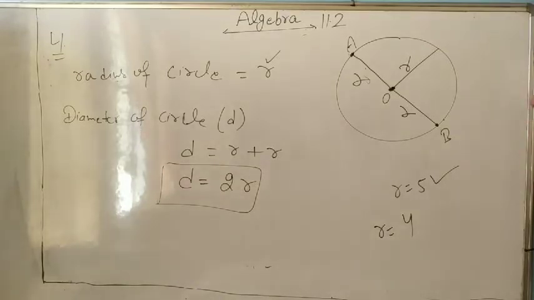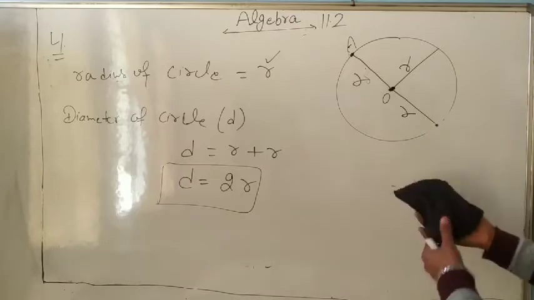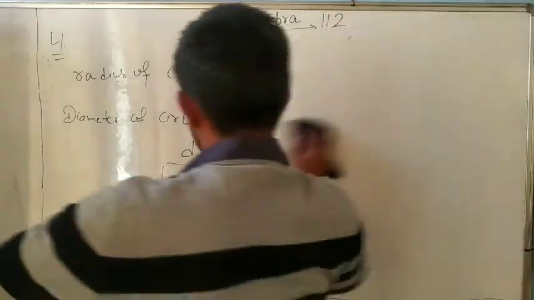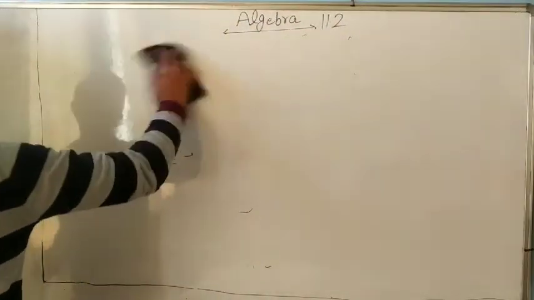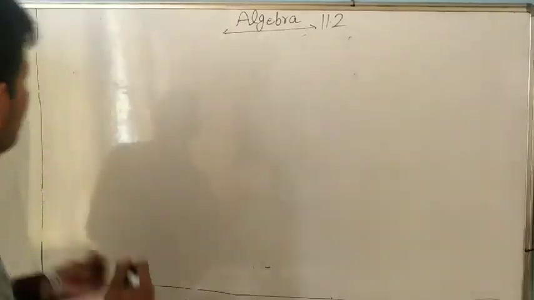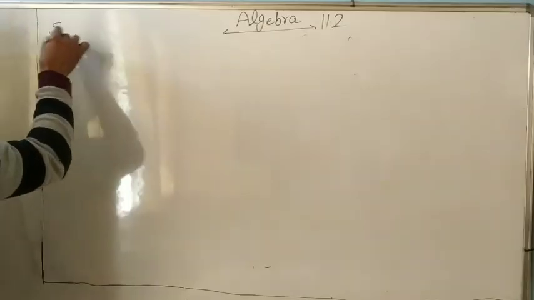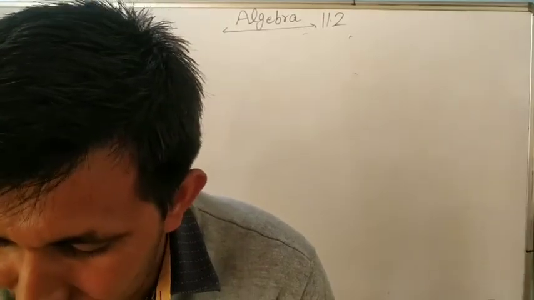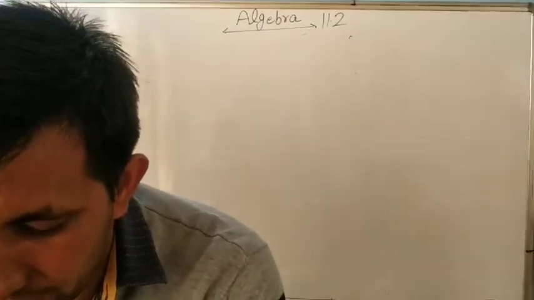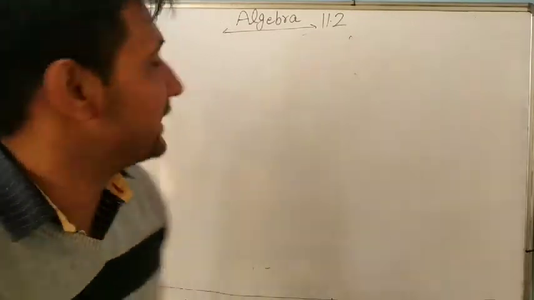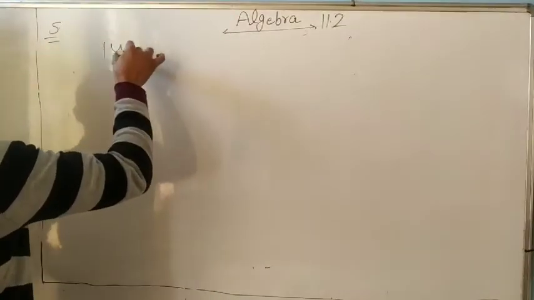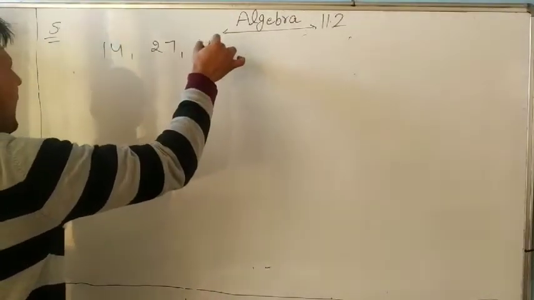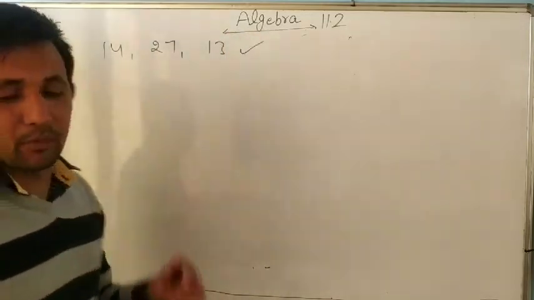Now, the last question of this exercise. To find the sum of the numbers 14, 27 and 13, there are 2 ways. Yes, it is very simple. If we want to add these 3 numbers, we have 2 ways.